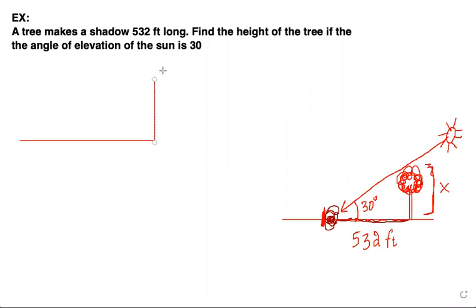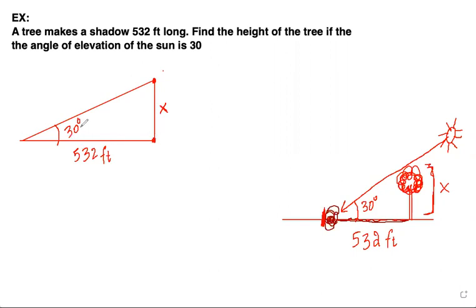The length of the tree is the opposite side, and the sun ray makes an angle here of 30 degrees, and the shadow is 532. The question is find the opposite length from this point to this point of this angle.